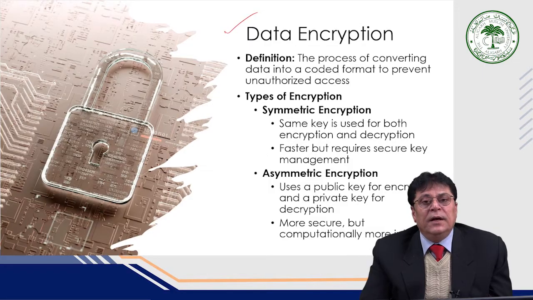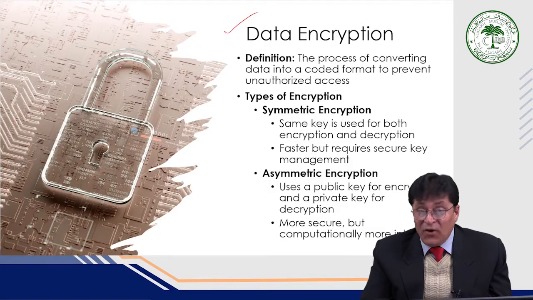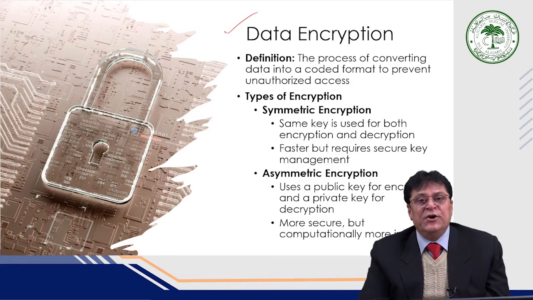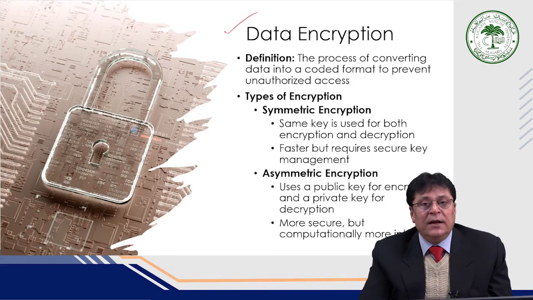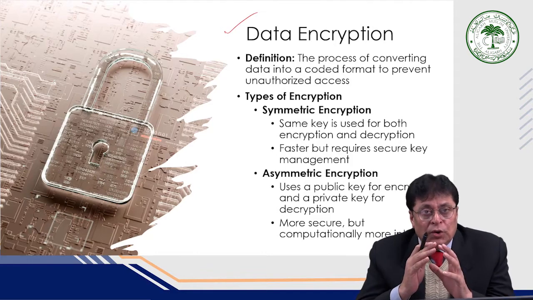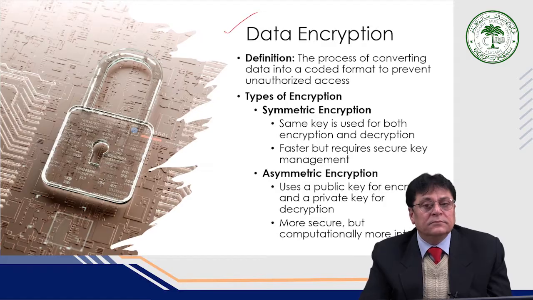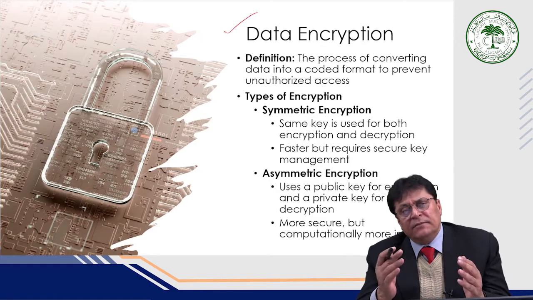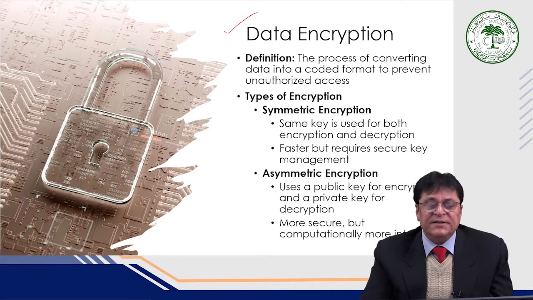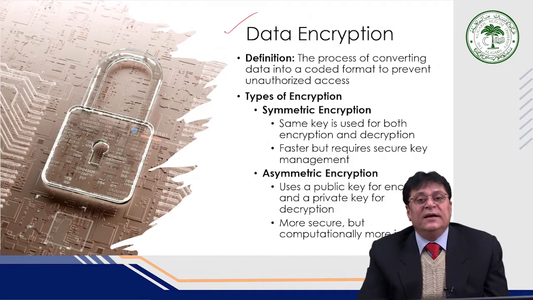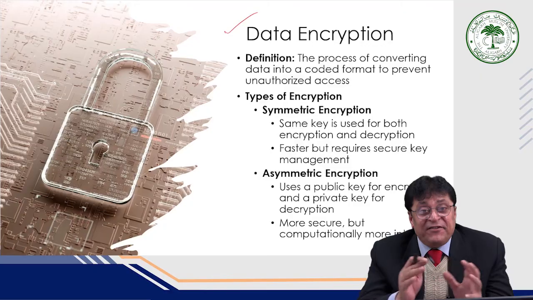So, it is important that only authorized users or authorized receivers or person could use or access this data. There are methods. Using those methods, we can safeguard these data.